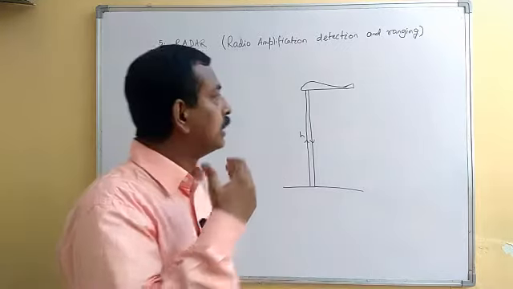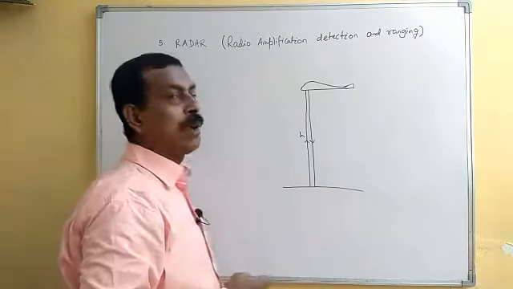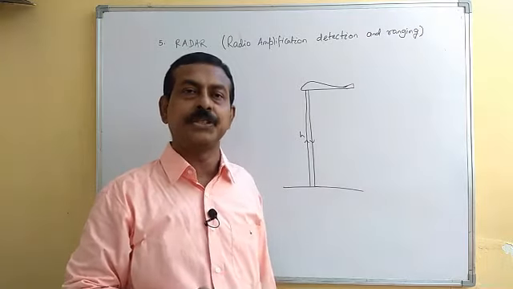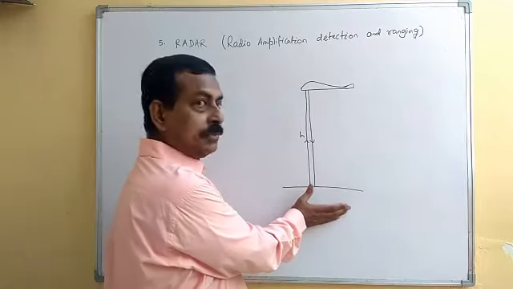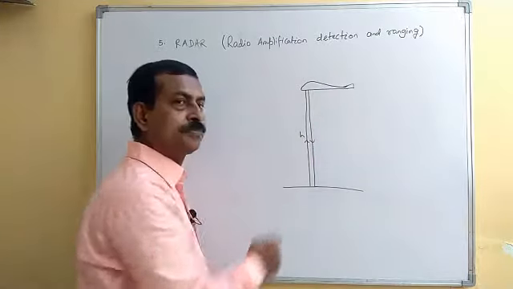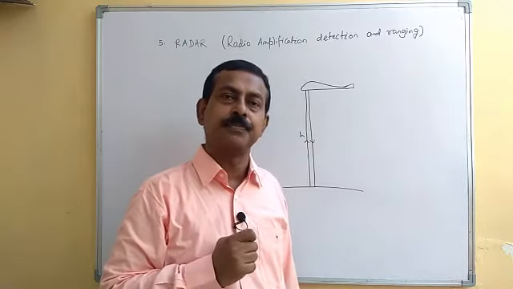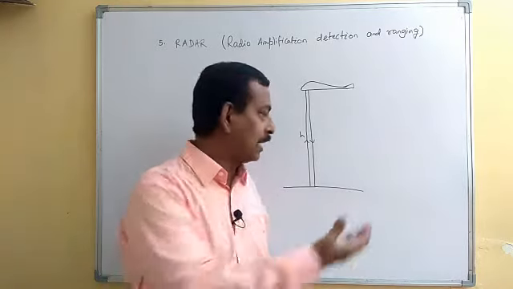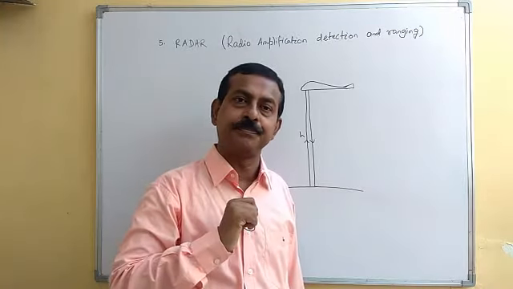If you take the radar method, radar is basically radio amplification, detection and ranging. So what is done? From the Earth station, we send radio waves. Radio waves get reflected from the ionosphere, so they are received back at the Earth station after a particular duration of time.